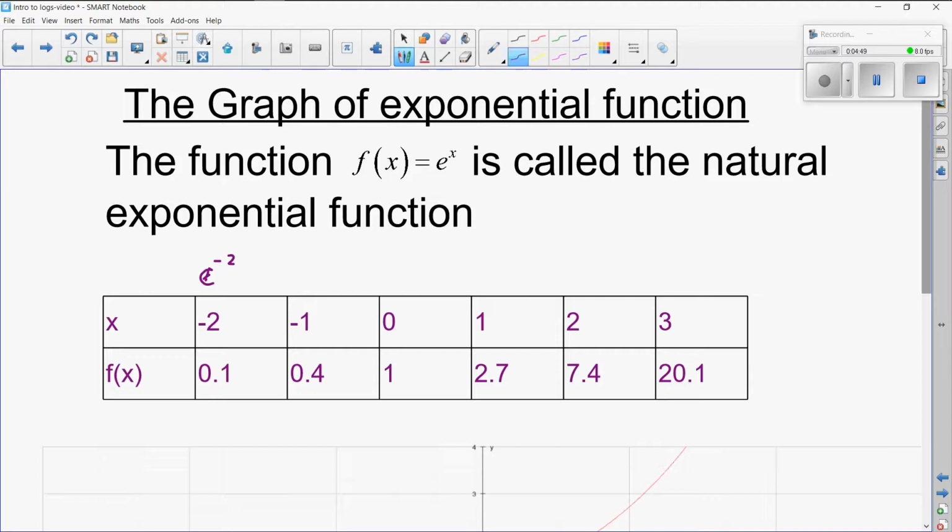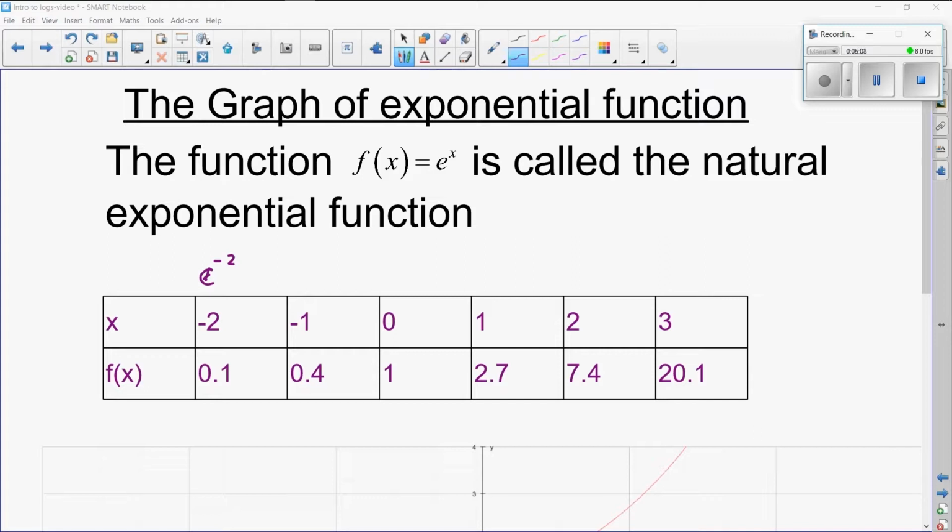So if you enter this on a calculator, you get 0.1353352832. And then I've just rounded it off to 1 decimal place to help me to draw the graph, so it's approximately equal to 0.1.